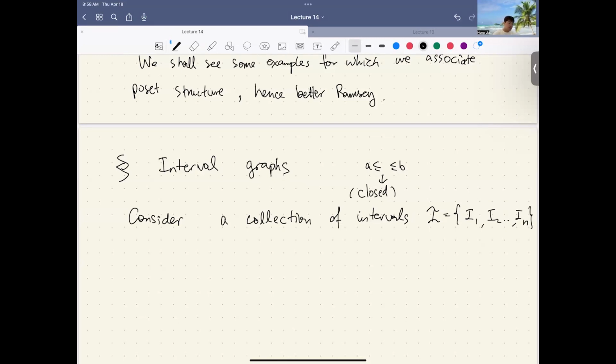Now, what can we study when we have a collection of intervals? We can study their intersection pattern, as in extremal set theory, right? We are studying a set system now. So here, the system of sets is a system of intervals, and we care about their intersection pattern. For two intervals, they could be disjoint, or they could be intersecting.